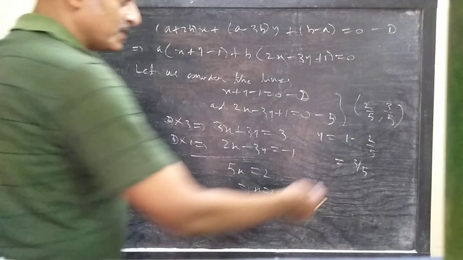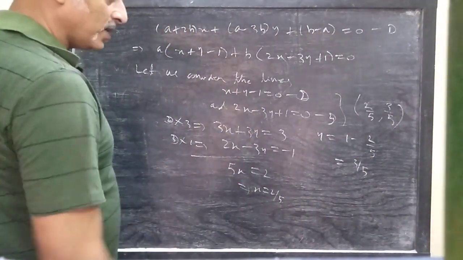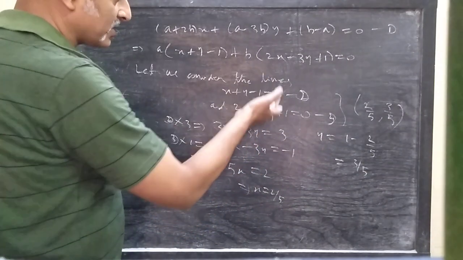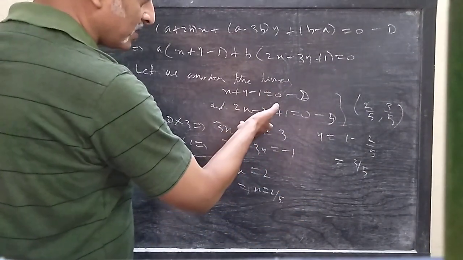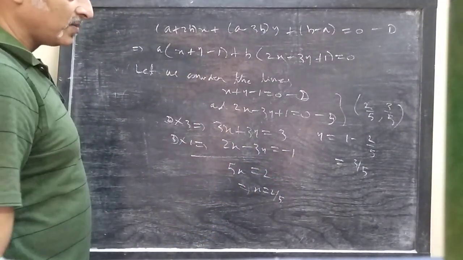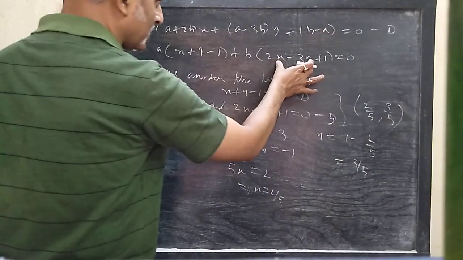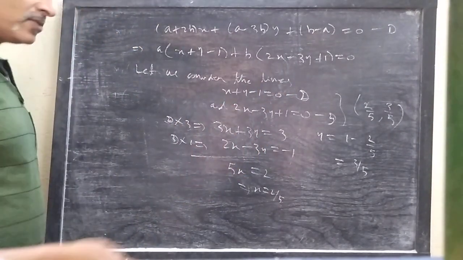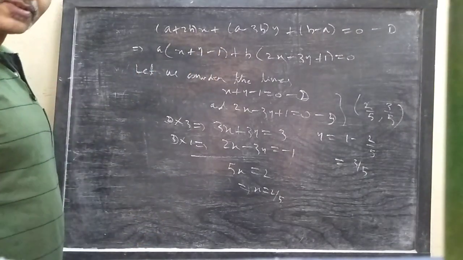So as the point (2/5, 3/5) is the point of intersection of 1 and 2, it lies on this line as well as on this line. So it satisfies this equation as well as this equation. If we substitute x = 2/5, y = 3/5, then individually this vanishes as well as this vanishes. So irrespective of the values of a and b, this will become a into 0 plus b into 0. It always vanishes.